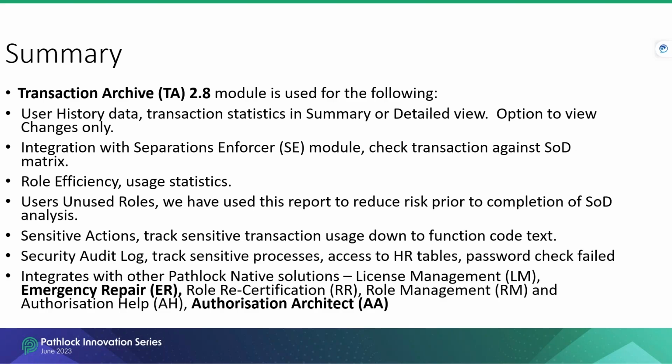The role efficiency and the usage stats reports can be run to help you with your SOD analysis. You can track web and terminal IDs within the system, and as also mentioned, unused user reports help you with reducing your risks in SOD analysis.